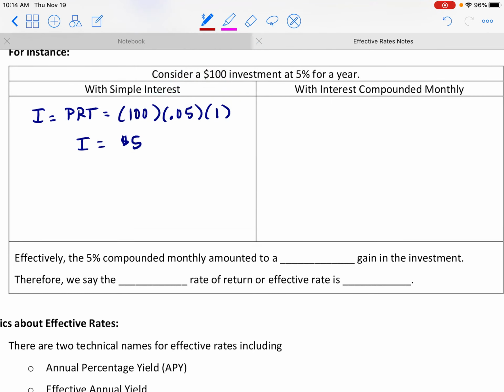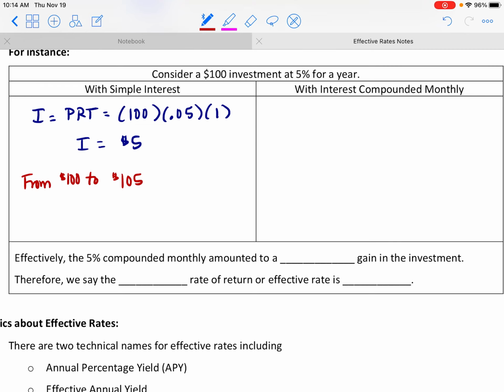So what's happening here is we go from $100 original principal to, with the $5 in interest added to our principal amount of 100, $105.